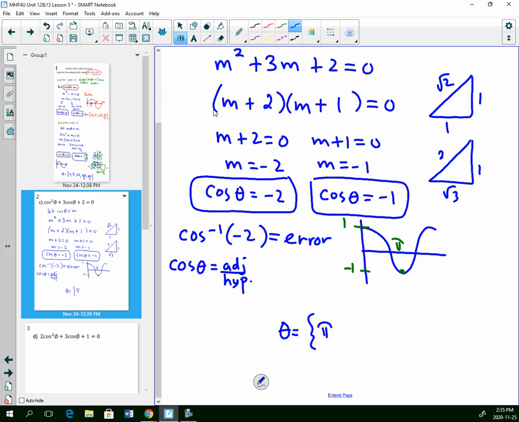And what do we know about the hypotenuse? If I draw a right angle triangle, I know the hypotenuse is always the longest side, right? We know that from the beginning: in a right angle triangle, the hypotenuse is always longer than the other two sides. So if you have a ratio where the number on the denominator has to be a bigger value than the number on the top, that ratio will never be bigger than 1.